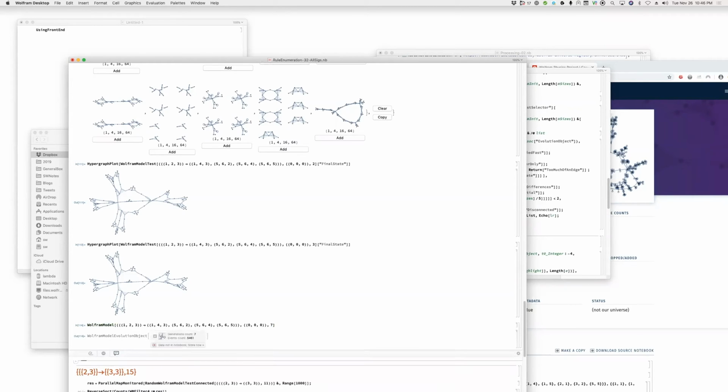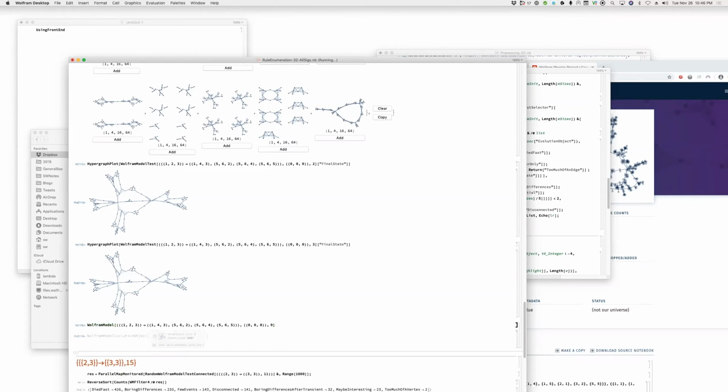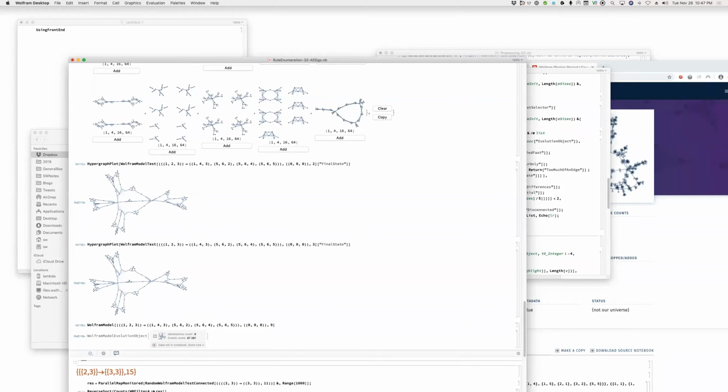Oh, apparently they're different. So I cannot see it at all. I cannot see from this picture that they're different. But apparently they are.